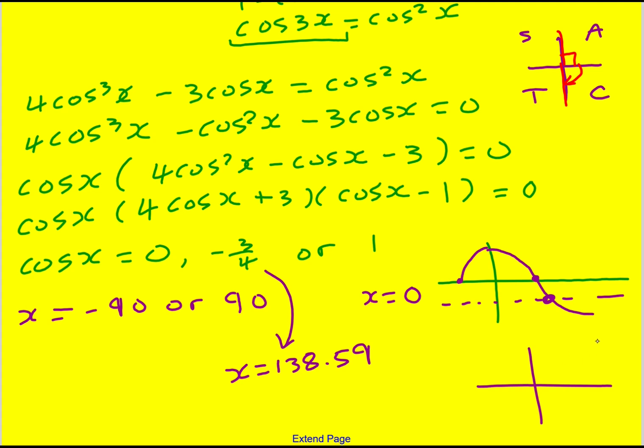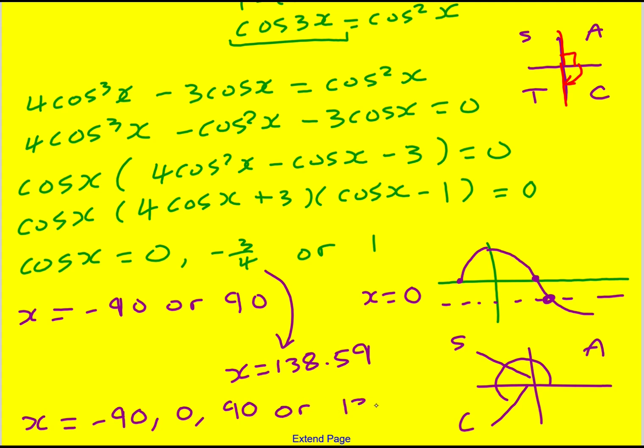If you're doing cast diagrams, then you get one over here, and your next one would be here, but that goes beyond 180, so we would reject it. And those are all our answers. So just to finish, x is equal to minus 90, 0, 90, or 139 degrees if we're rounding to 3 significant figures.